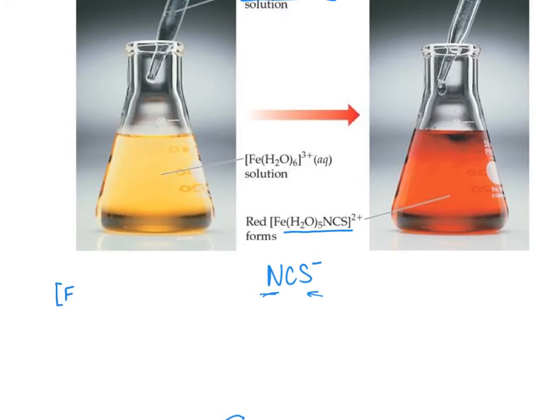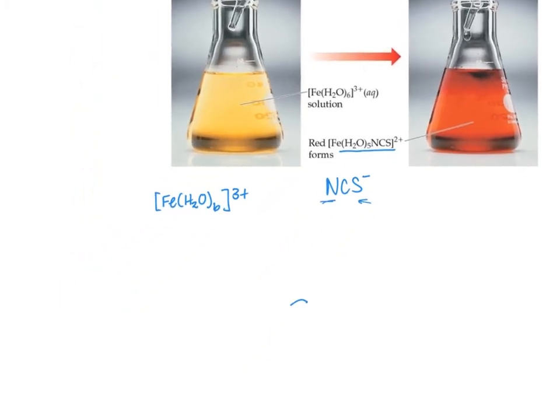So here we have iron complexed to 6 water molecules, an overall charge of 3+. Again, let's figure out the charge on the metal, the coordination number, and the geometry.